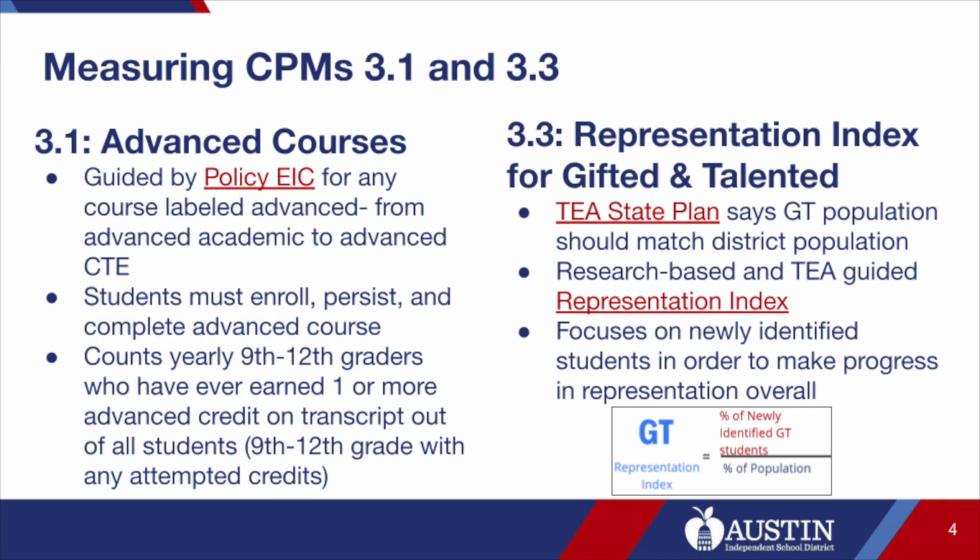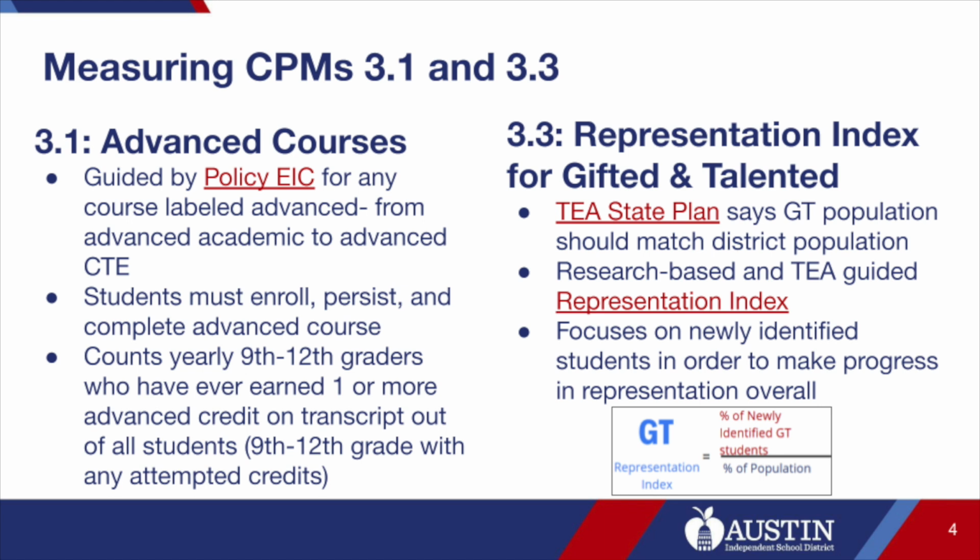Before sharing the data, we want to clarify how we are measuring these new constraint 3.1 and 3.3. For Constraint Progress Measure 3.3, we are guided by local policy EIC that includes how courses receive weighted credit. All weighted courses are what is being tracked.